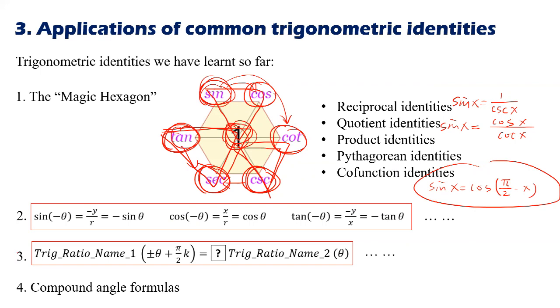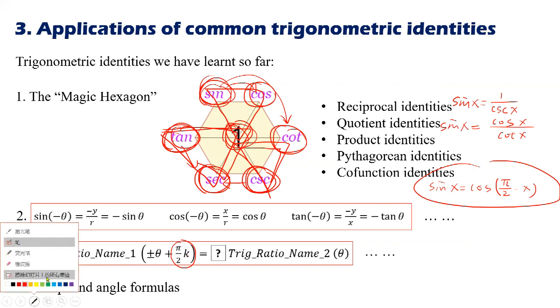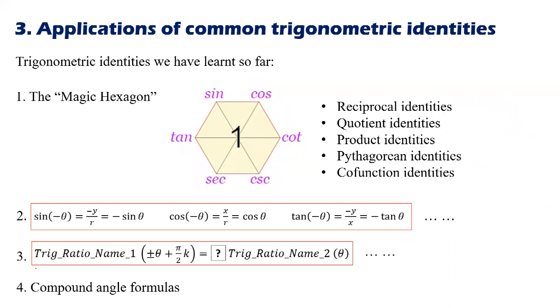And the third set is regarding the trigonometric identities involving half pi times k. So there is a shortcut to evaluate an expression with this form, right?